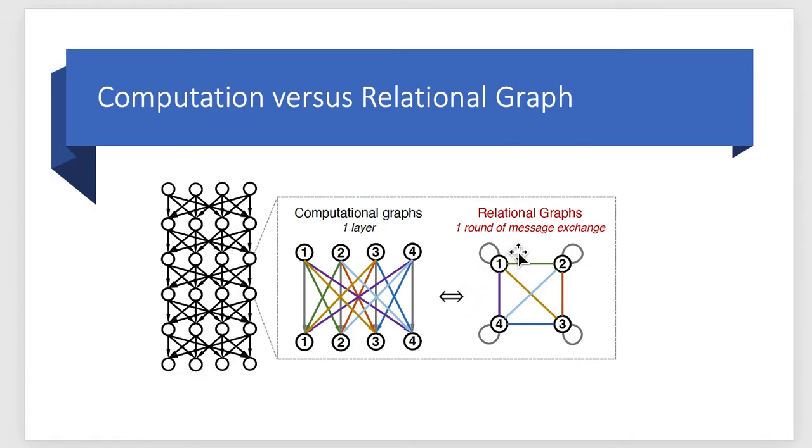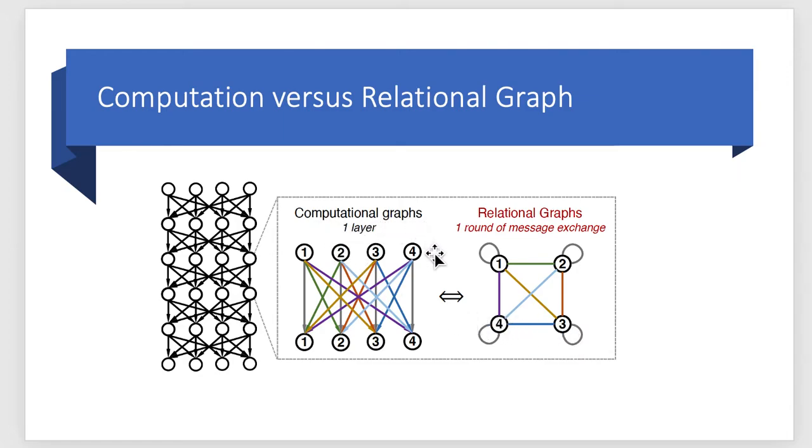Secondly, the graph does not need to be a DAG anymore, and we can gain some similarity with neuroscience, bidirectional information exchange, if we use relational graphs. Thirdly, one neural network layer corresponds to one round of message exchange over a relational graph.